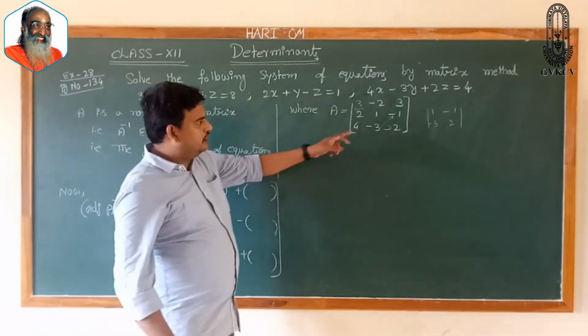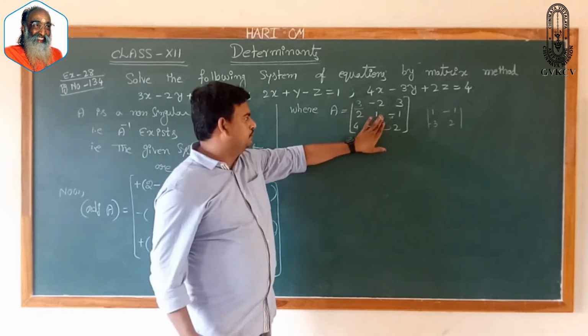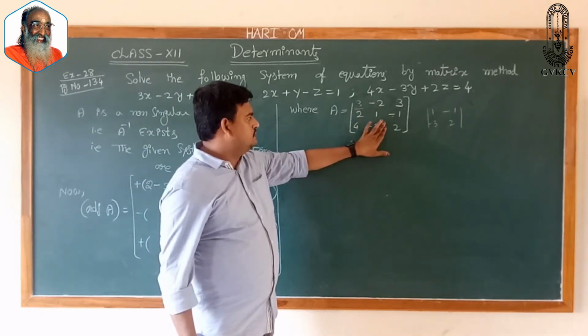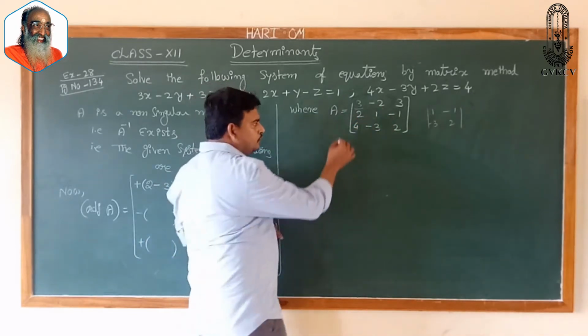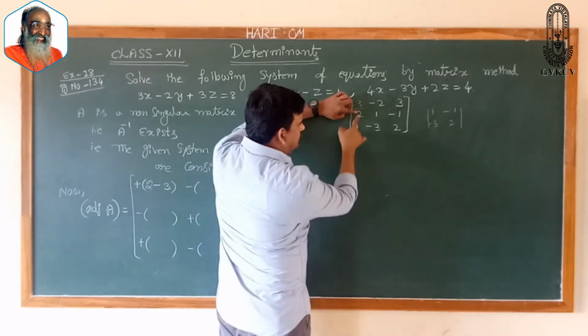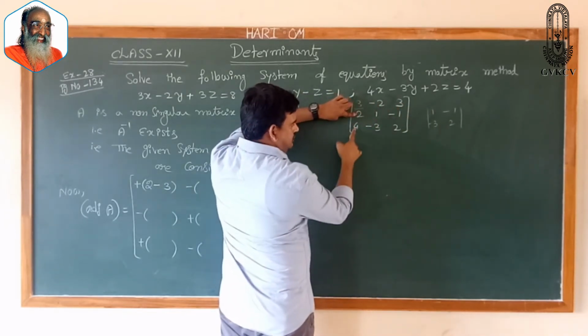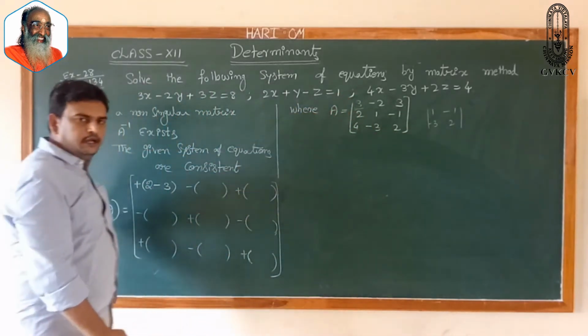Next, when we are talking about minus 2, we are observing. As we know, while finding the cofactor of minus 2, we need to eliminate the respective row and the respective column. What else we have? 2, minus 1, 4, 2. Now 2 2s are 4. Now where do I need to write?